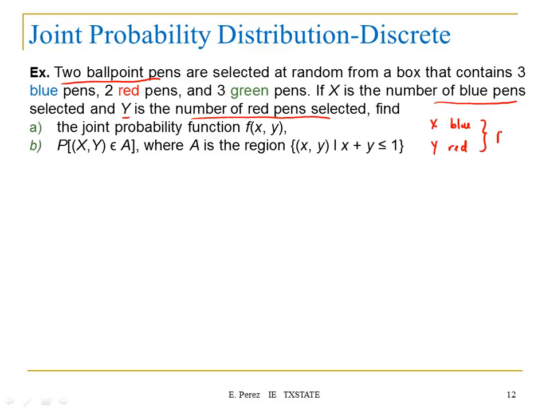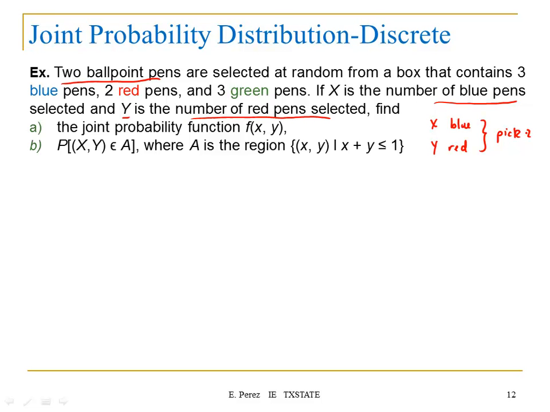And we need to pick 2 from the group of 8. So the first part of the question is asking for the joint probability function of this specific experiment. So now we need to describe a function for X and Y, a joint probability mass function, because this is the discrete case.